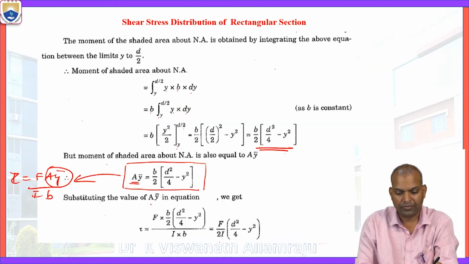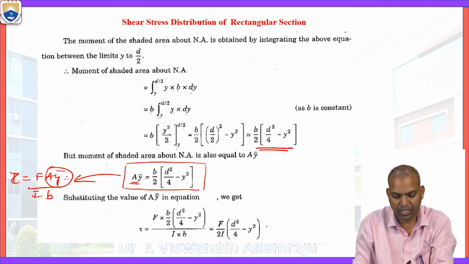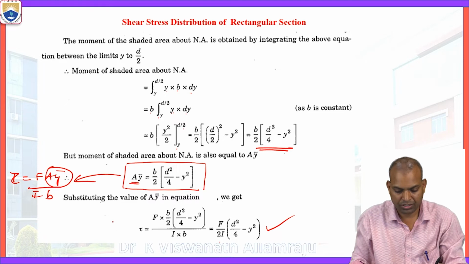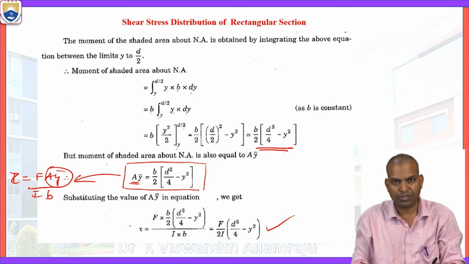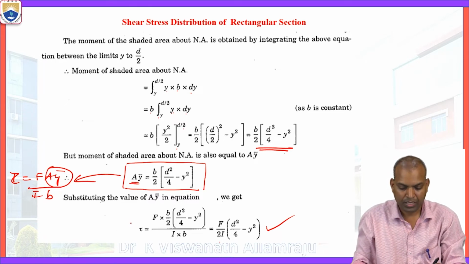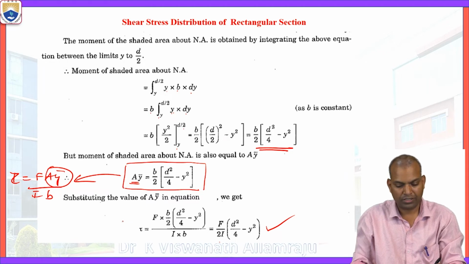So in that manner, after calculation, we got the same formula by both methods: tau equals F by 2A times d square by 4 minus y square.